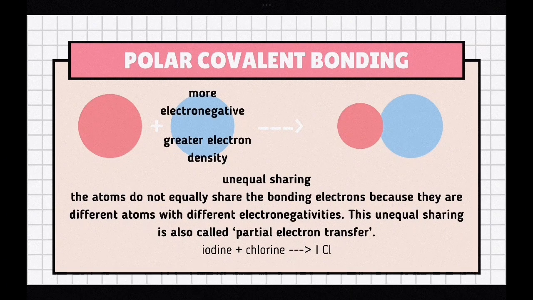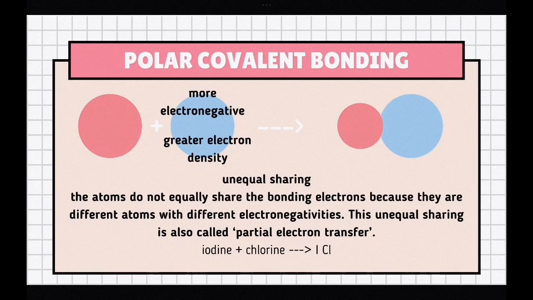For polar covalent bonding, it is an unequal sharing. The atoms do not equally share the bonding electrons because they are different atoms with different electronegativities. This unequal sharing is also called partial electron transfer.